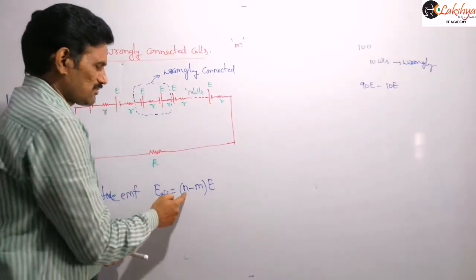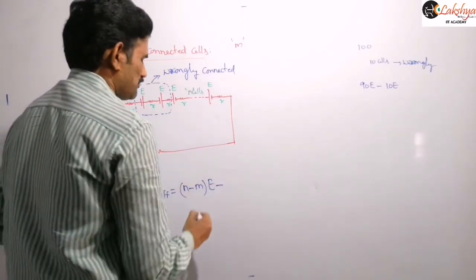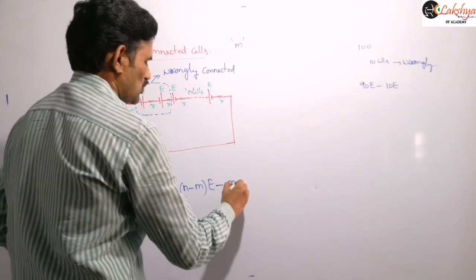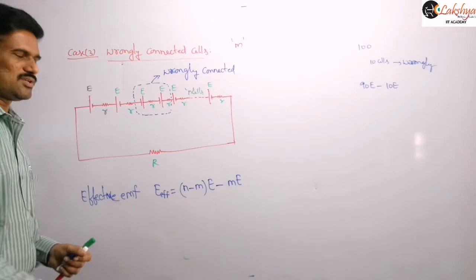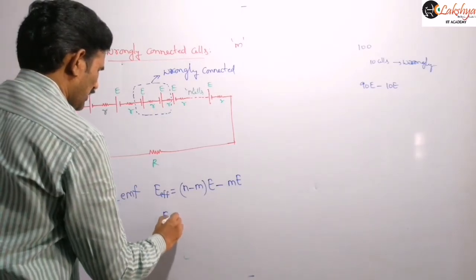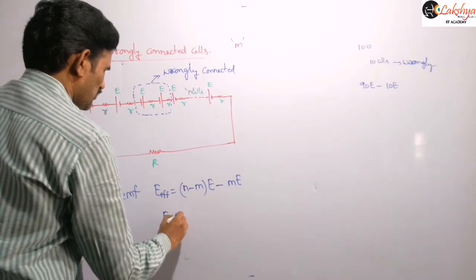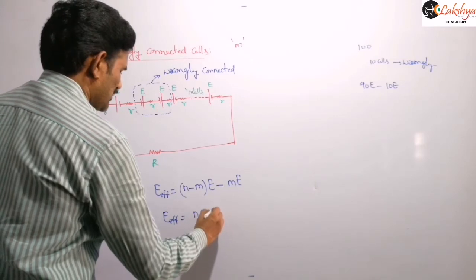Like that, n minus m cells are connected correctly, minus m cells connected wrongly. Therefore, the effective EMF is equal to n minus 2m times E.